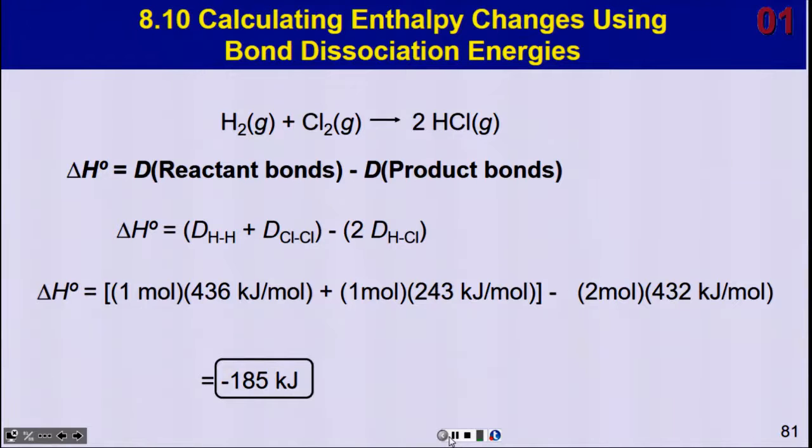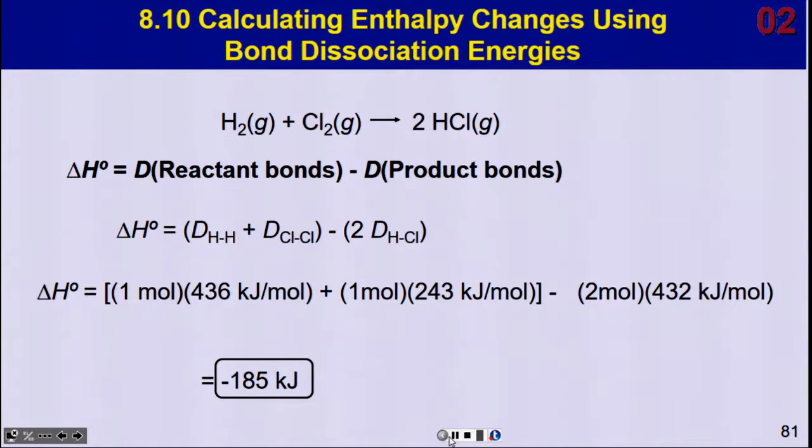So if you take hydrogen plus chlorine to make HCl, hydrogen chloride gas, we can calculate the enthalpy change for that process using bond dissociation energies. What do we do? We take the energy of the bonds of the reactants and subtract from that the energies of the bonds of the products. Why do we subtract the bonds of the products?